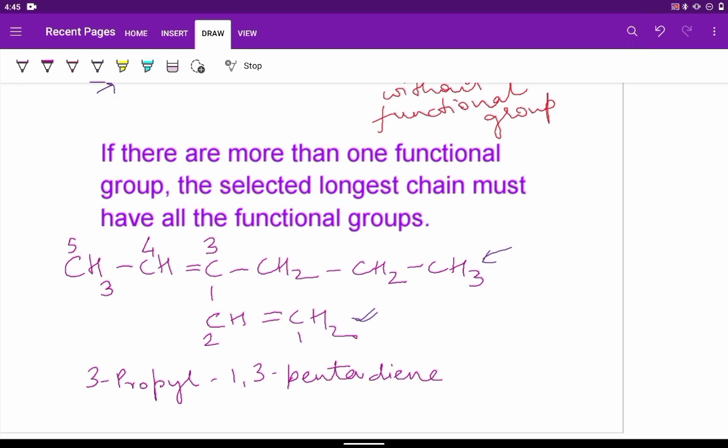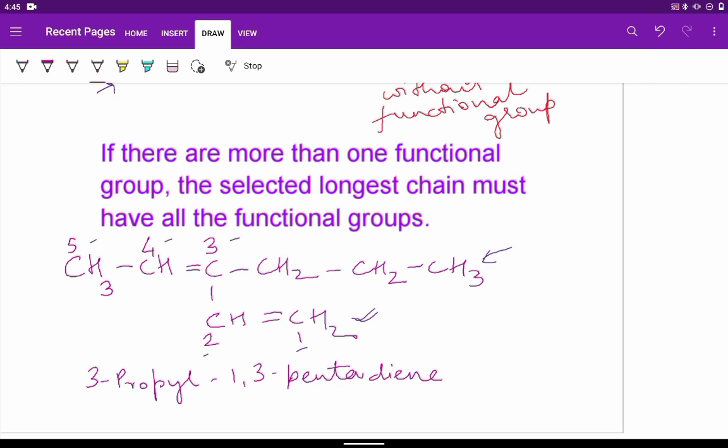We should include both the double bonds because in the beginning I told that double bonds and triple bonds are also considered as functional groups. So they are to be included. The selected longest chain must have all the functional groups. These double bonds have to be included in the main chain. So we select from here 1, 2, 3, 4 and 5.